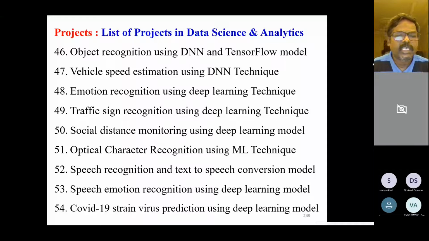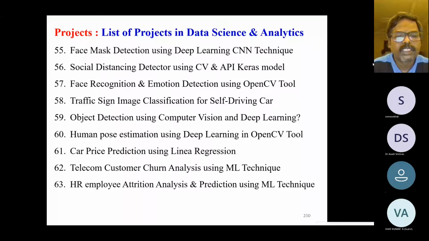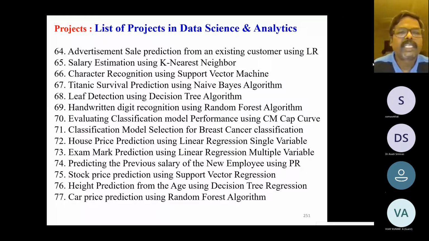technique, social distance monitoring, optical character recognition, speech recognition, speech emotion recognition, COVID strain virus prediction, face mask detection, social distancing detector, and face recognition and emotion detection using OpenCV, traffic sign image classification for self-driving car, object detection using computer vision and deep learning, and human pose estimation using deep learning, object detection using computer vision and deep learning, car price prediction using linear regression, telecom customer churn analysis using machine learning, human resource employee attrition analysis and prediction using machine learning technique, advertisement scale.